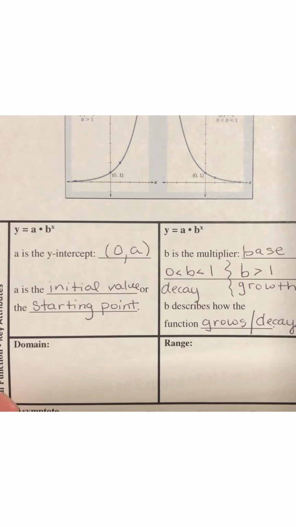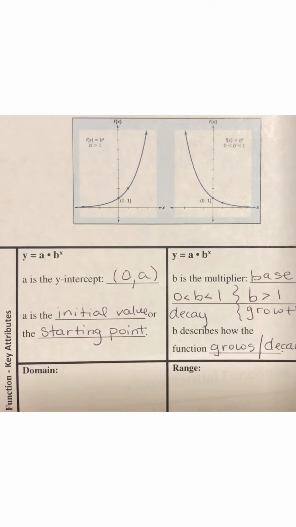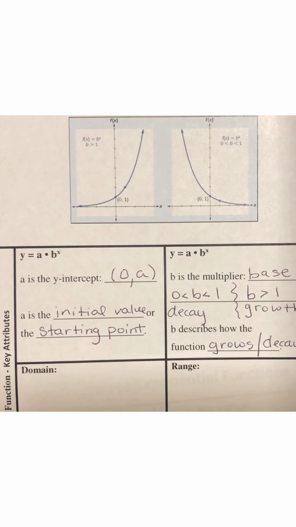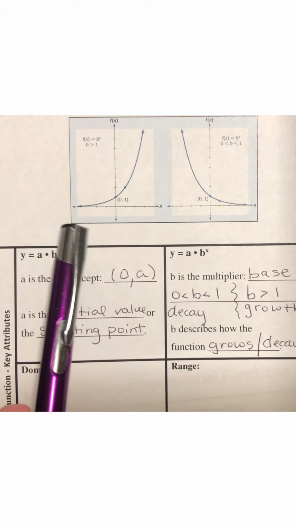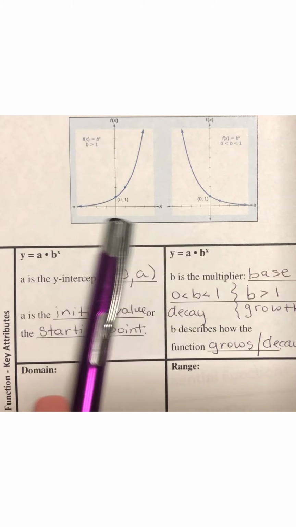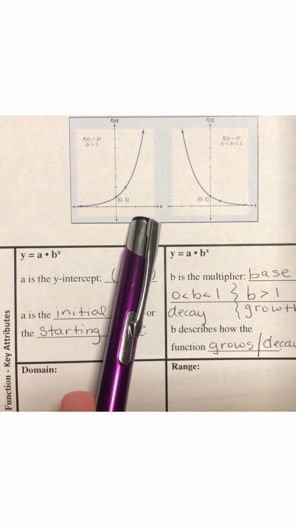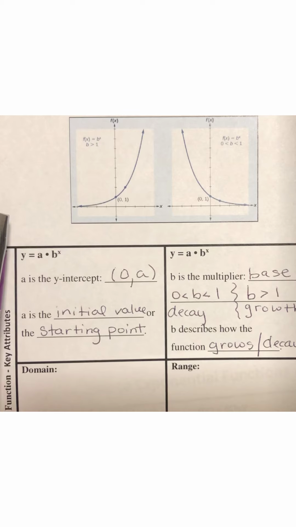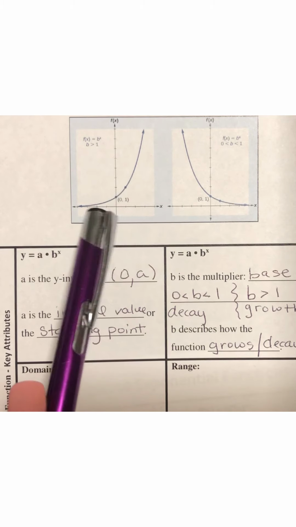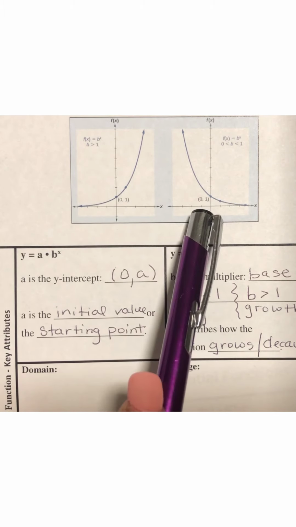So, now that we have the meaning of a and b, let's look at the domain of an exponential function. Now, let's look from left to right, because the domain tells us what's happening along the x-axis. Notice I have an arrow going all the way to the left, and this arrow shoots all the way to the right.